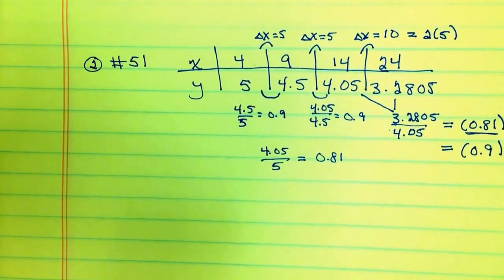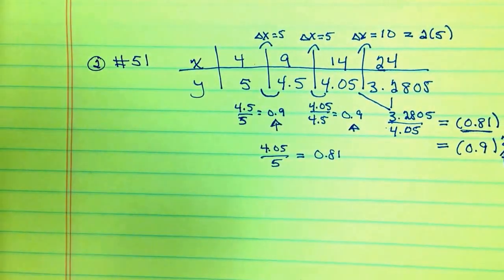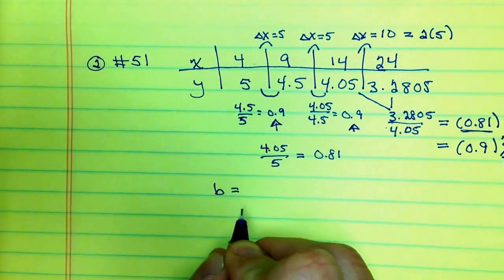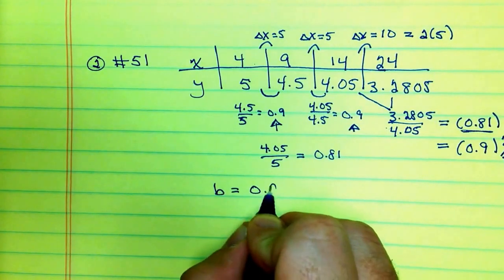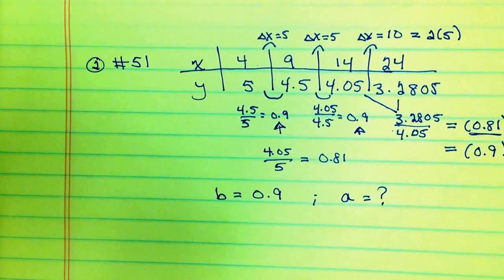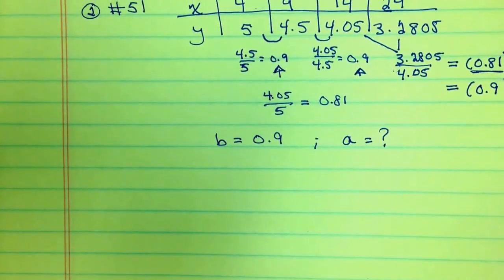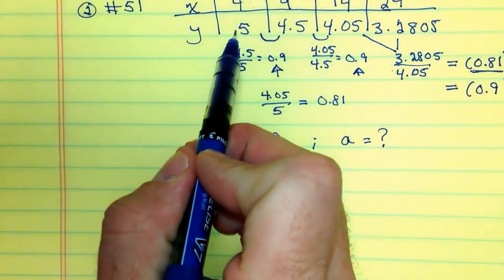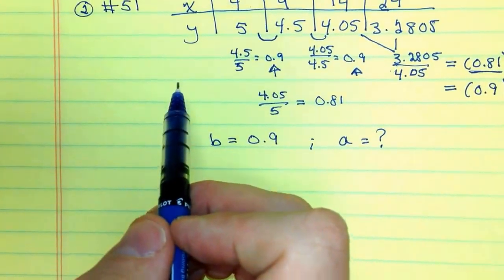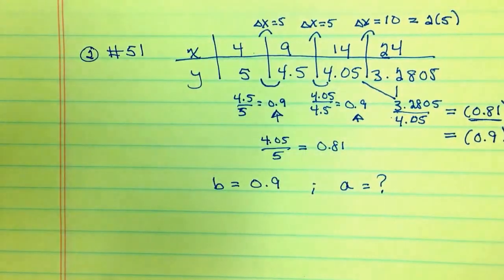So now, since we figured all these things out, we know that our b value, our growth factor, is 0.9. But we don't know a. So what we can do is write this in a very slick way. We don't know the y value when x is 0, so we can pretend this is our first point.